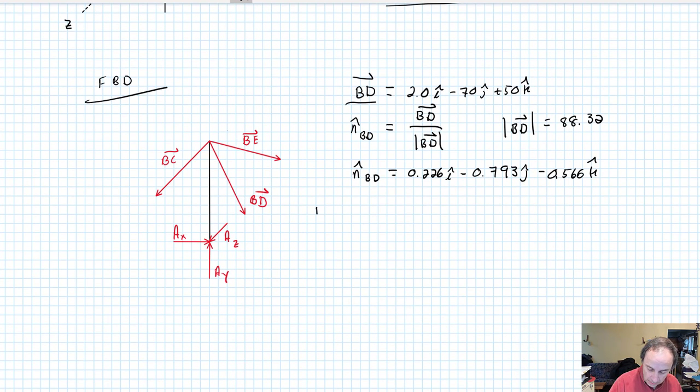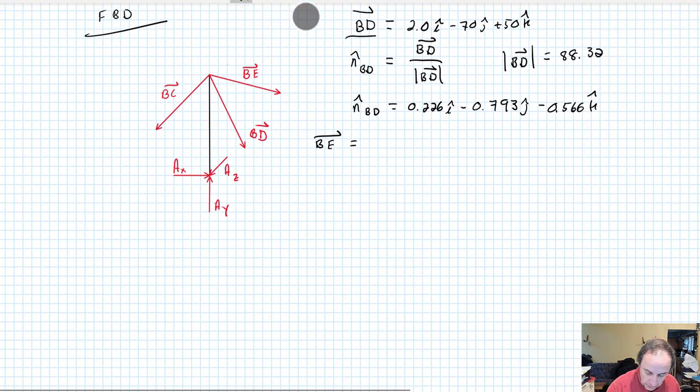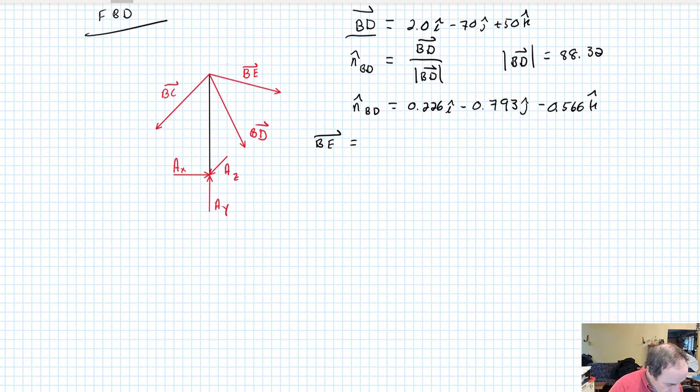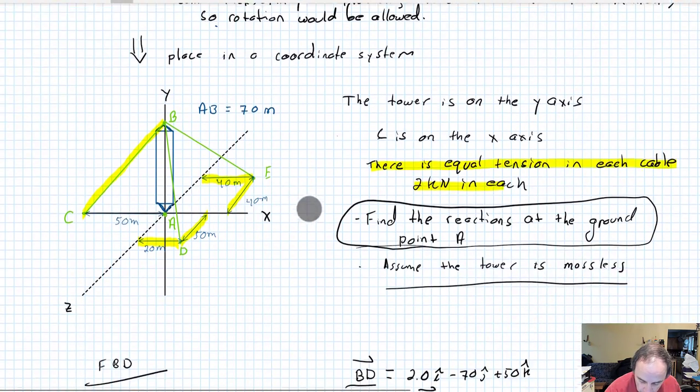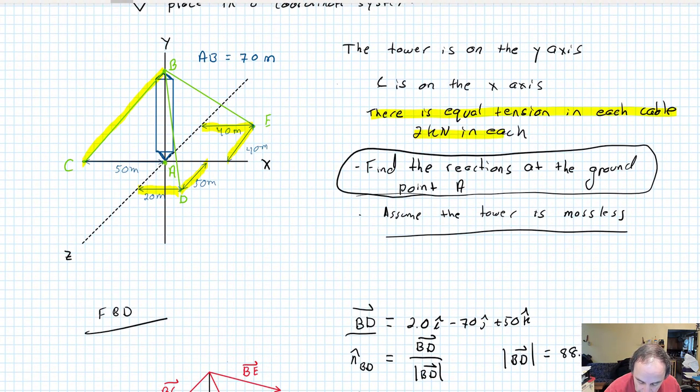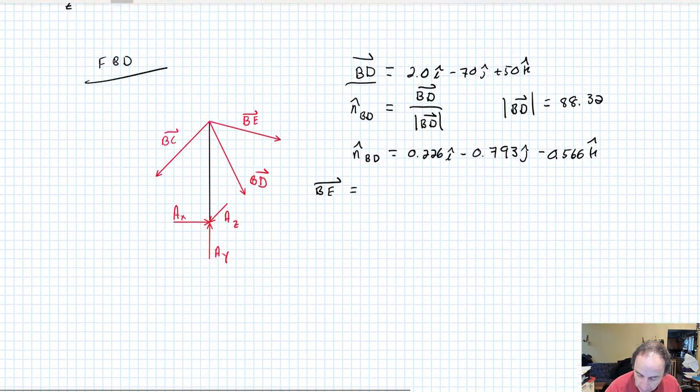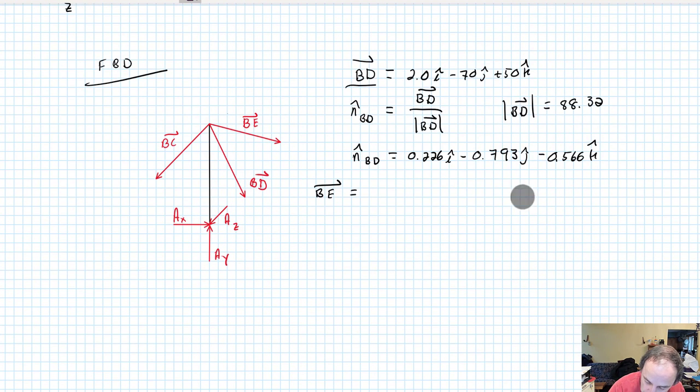Now for BE. I'm just checking something here. Yeah, I made a mistake over here. This is 20, not 2.